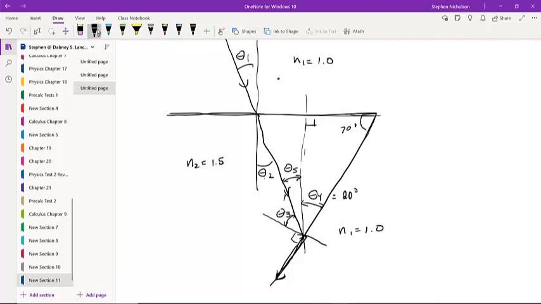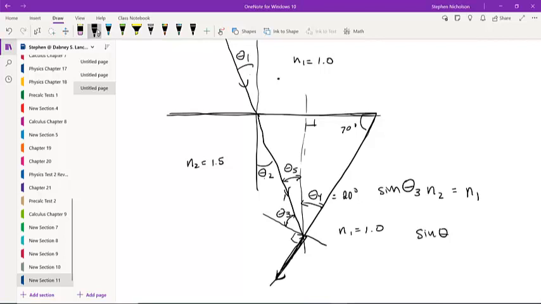If it's less than a certain angle, then you'll get some refraction. But we know that the sine of theta 3 times N2, where N2 is the material of the wedge, is going to be equal to the sine of this angle, which is 90 degrees, times N1.